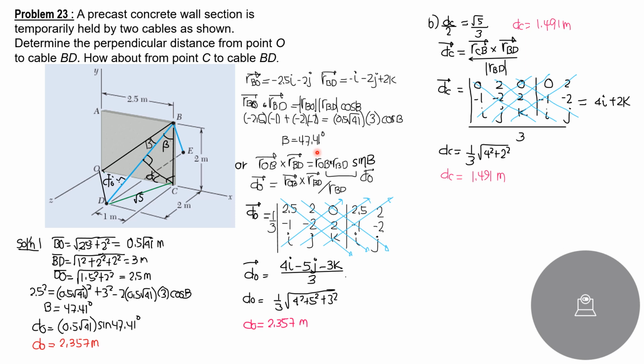Another way is supposedly dot product, no, cross product rather. So it's like the moment of BD about O. And by definition, it is ROB cross RBD or ROD cross RDB, vice versa.